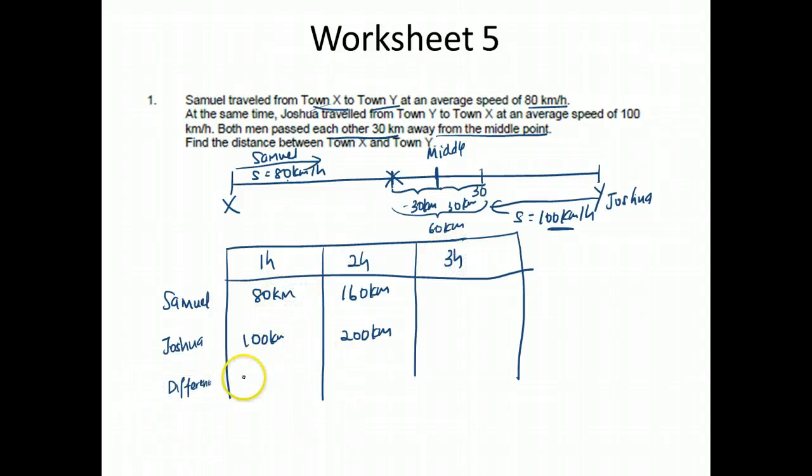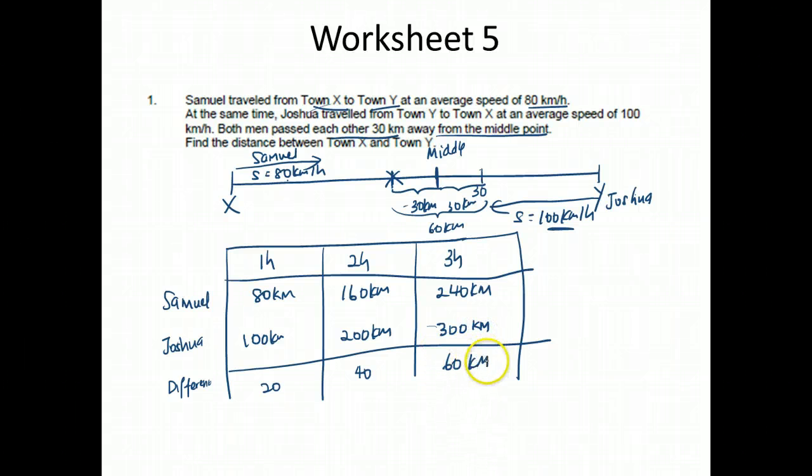After 3 hours now, we know that Joshua is traveling faster. The difference at 2 hours is 40. Here at 3 hours, Samuel will have traveled 240 kilometers. Joshua will have traveled 300 kilometers, and the difference is 60 kilometers.